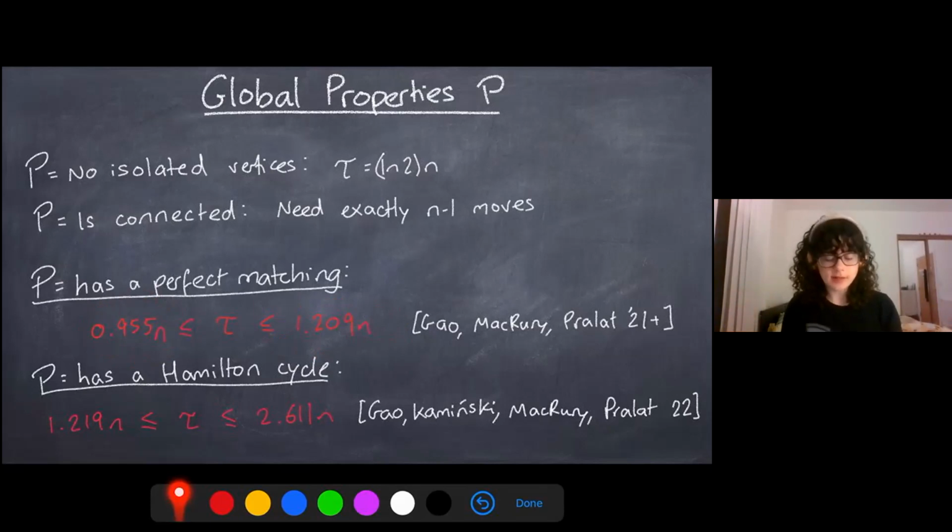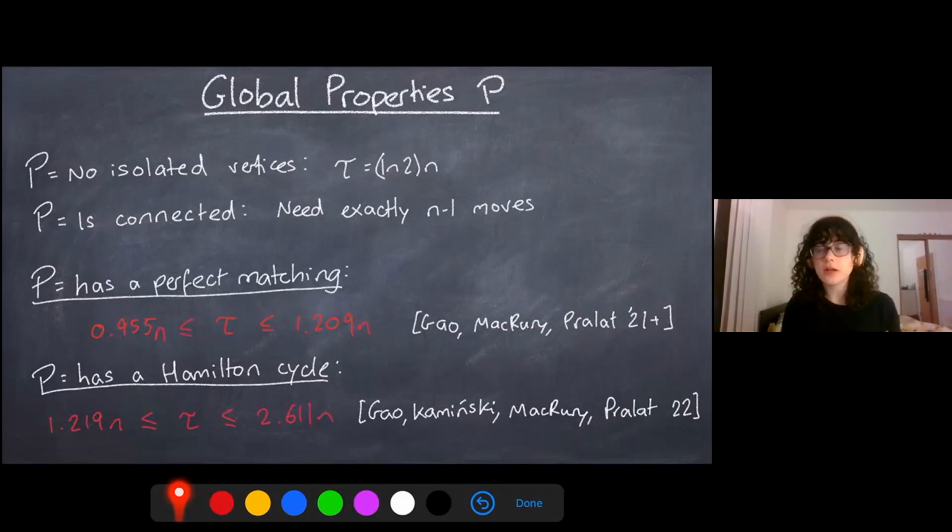So in this context, when we're talking about thresholds, we're talking about working out the constant that has to go in front of n. Okay, so those are all global properties, and it's clear that they're all stronger than having no isolated vertices. They're all going to take a linear number of moves in n.